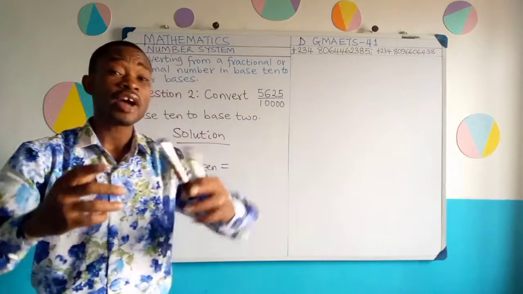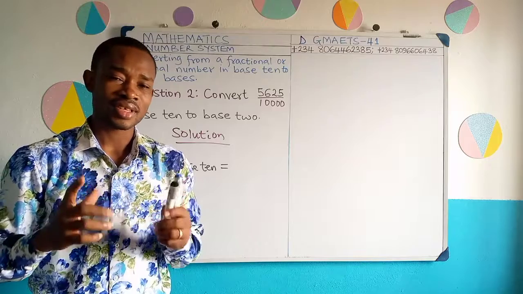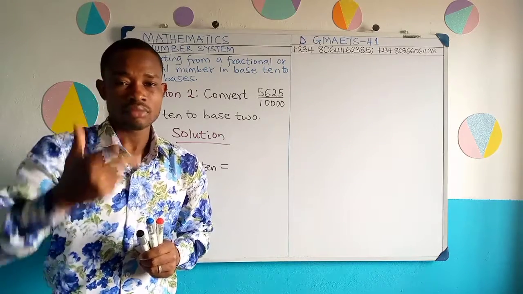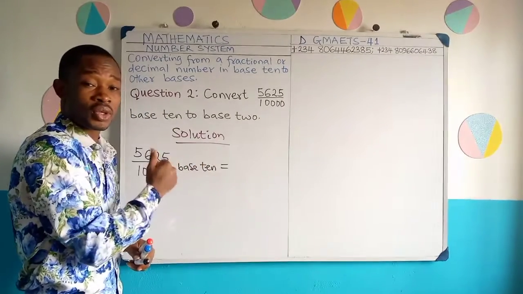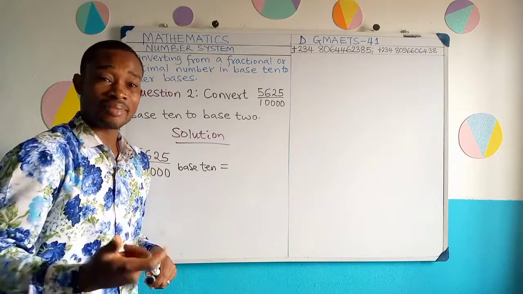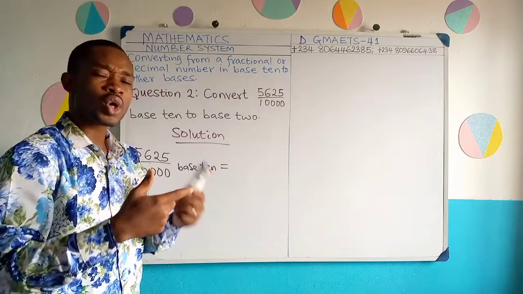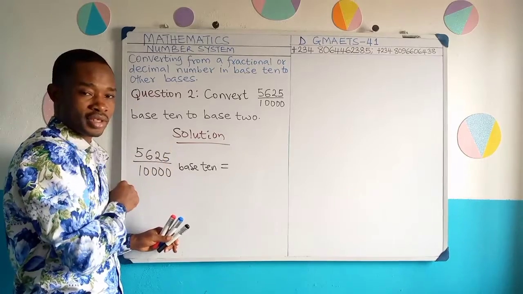I've always advised you to work on multiplication very well because this is very important in mathematics. Even if you don't know quickly that 625 can divide the numerator and the denominator, you can start from the smallest number that can divide both, which in this case will be 5. Continue doing it until you reduce this fraction to its lowest term.